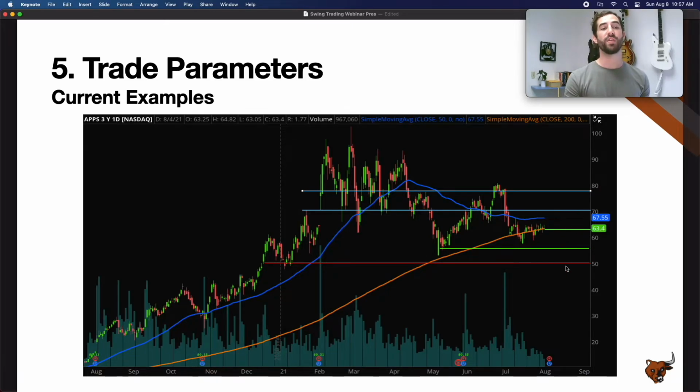I'm moving my stop loss up to 57, because in case this thing reverses and absolutely collapses, I'm getting stopped out on the remainder of my position. And I've just secured a small win on a trade.